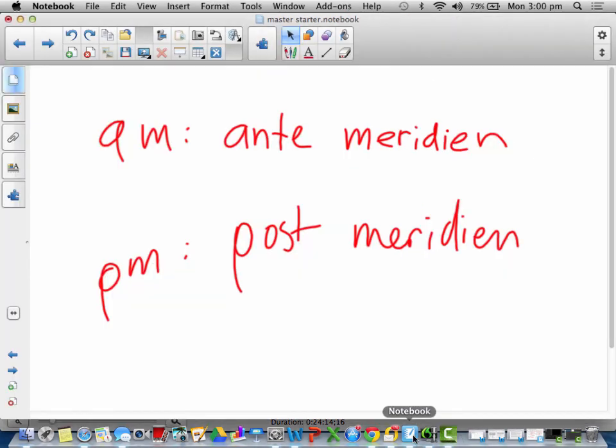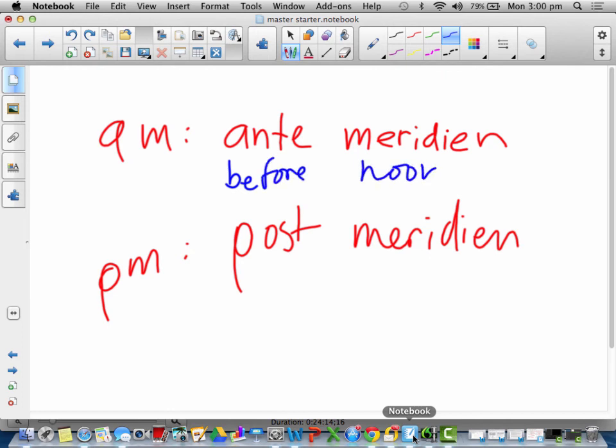Perhaps this is useful for you to understand. Anti-meridian actually means anti means before, and meridian means noon. So when you say AM, you mean before noon, and I think it's probably Latin. Most things are Latin. PM is post-meridian. Latin's an old language, and so when we say post-meridian, we're really saying after noon.